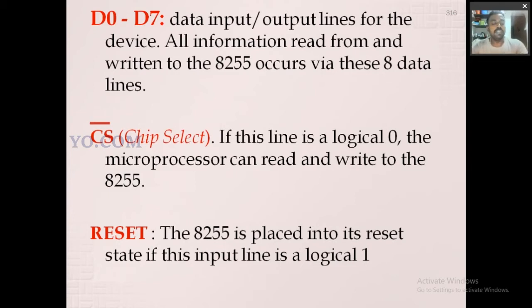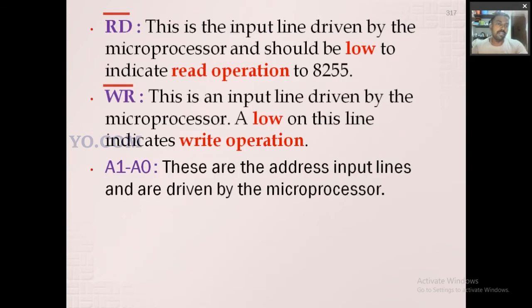Reset is the reset pin. The 8255 is placed into the reset state if its input line is logical 1. So if reset is enabled, all the registers are cleared and it is set into the default level. Then read, RD bar, is an input line used to read.